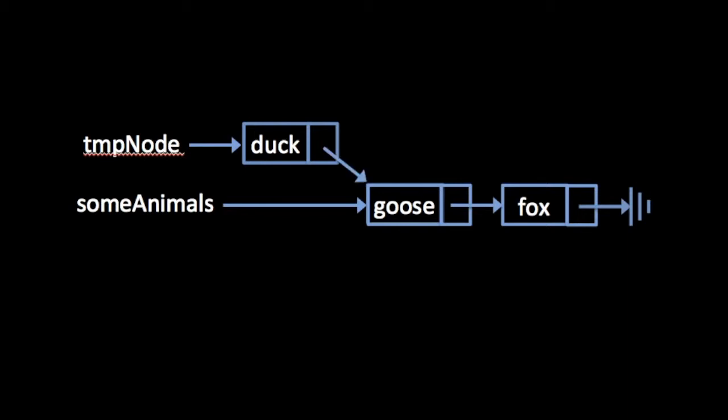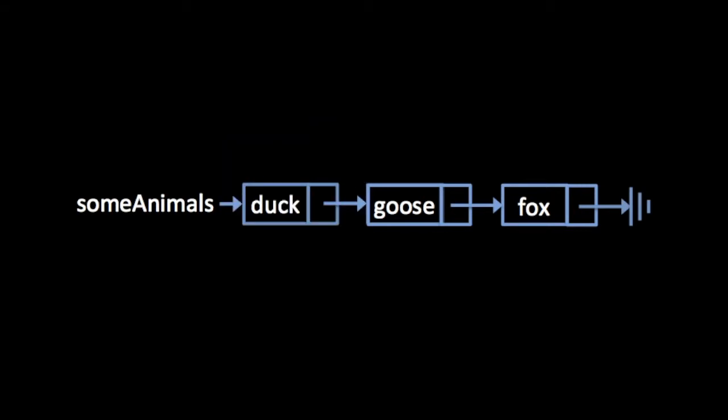Now all I have to do to complete the adding of the duck node is to have the head variable of the linked list SomeAnimals point to the duck node instead of the goose node. I know how to do that because I have the variable tempNode that has the pointer to the duck node. TempNode was a local variable, so it will go away when the method terminates. And once the head field of SomeAnimals points to the duck node, we're done.